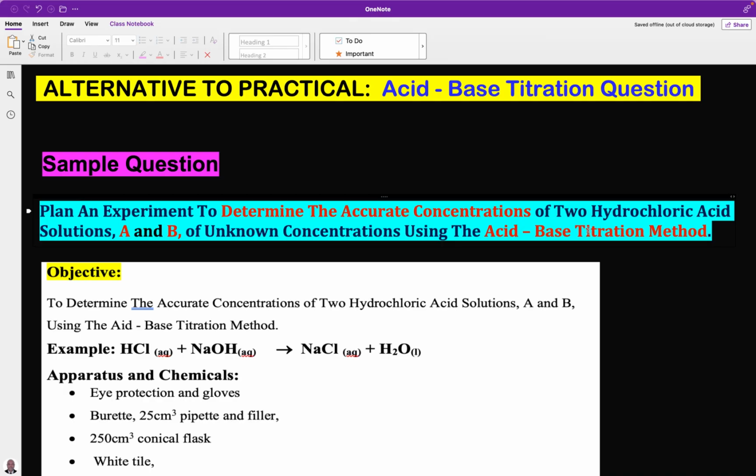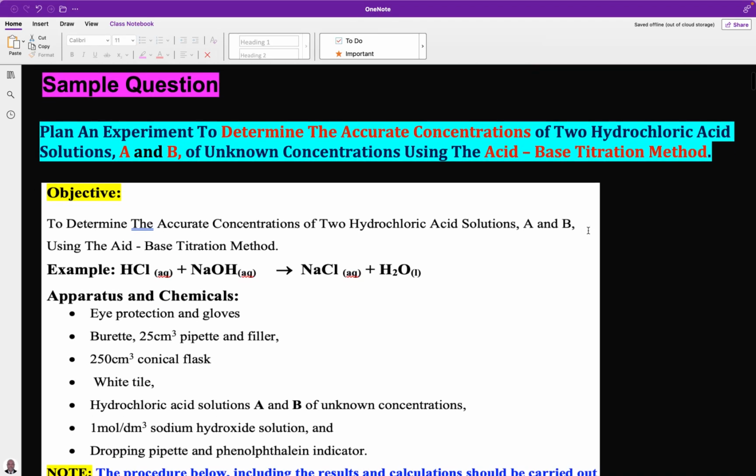our apparatus and chemicals will include: eye protection and gloves. We will also need a burette, a 25 cm cube pipette and the filler. We will also need a 250 cm cube conical flask.